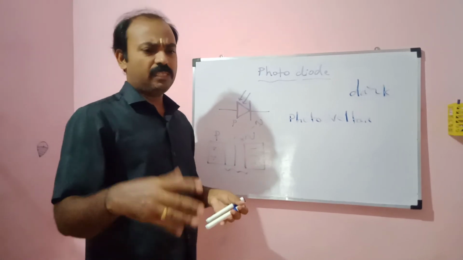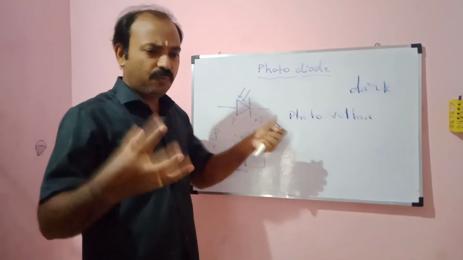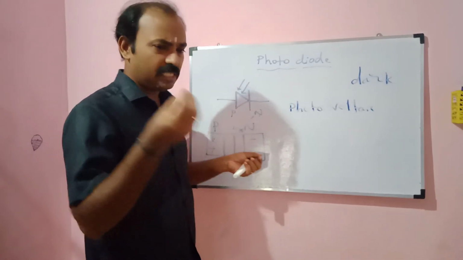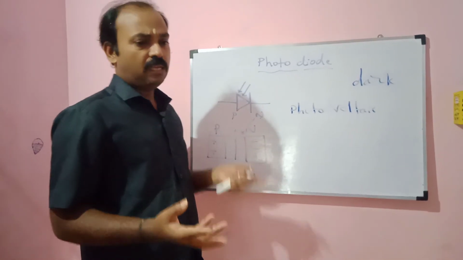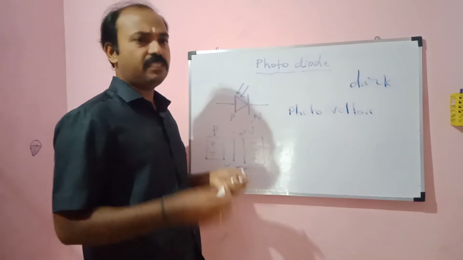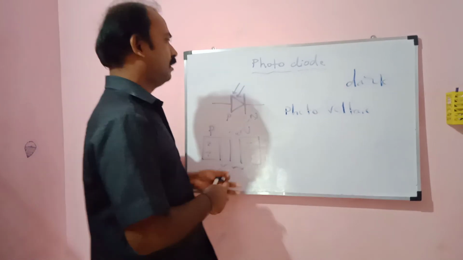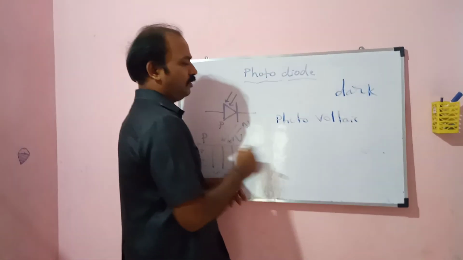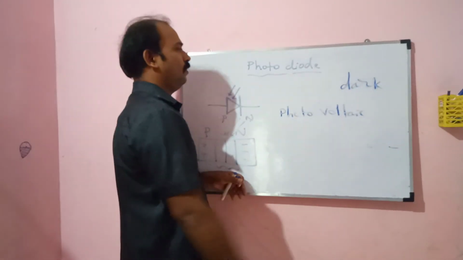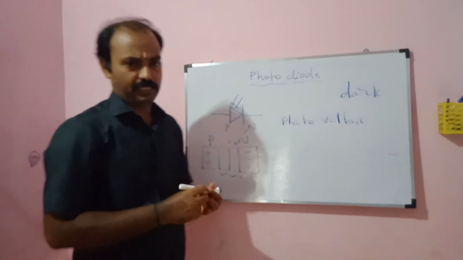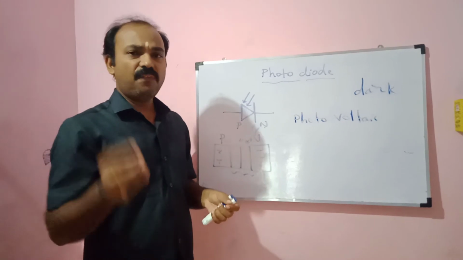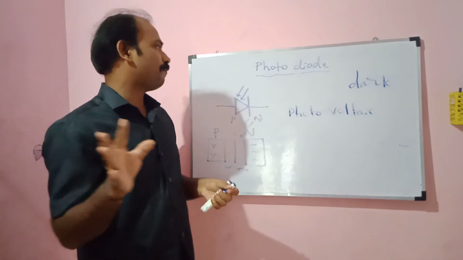Then we move to the advantages. What is the advantage of this? Very simple. It is small in size and lightweight. Noise production is very less. So that is the reason why we select this photodiode in many places. Then the important disadvantage is that the efficiency is very poor.